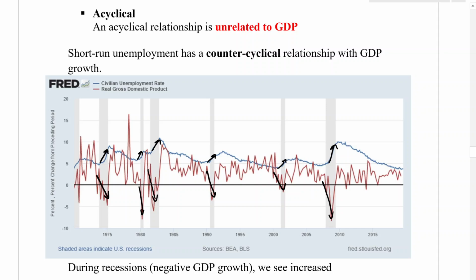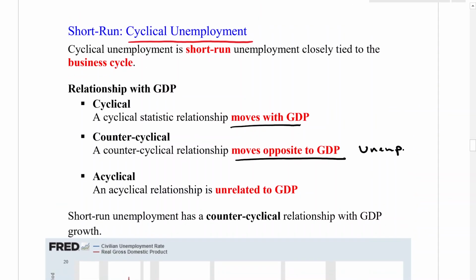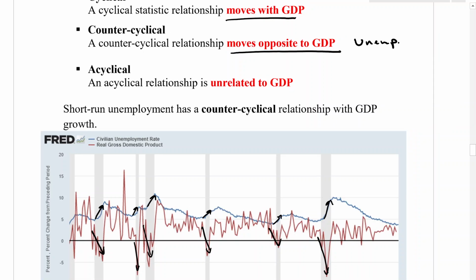It's a strange change of words, but even though it's a countercyclical relationship, we call this cyclical unemployment, just because unemployment moves in cycles, and they happen to be countercyclical cycles.